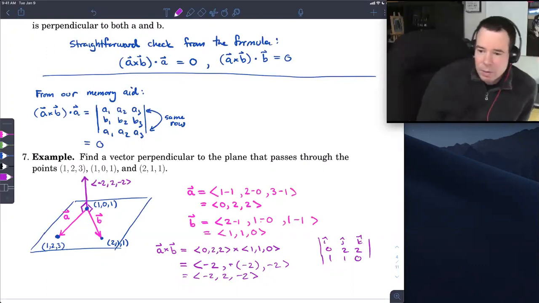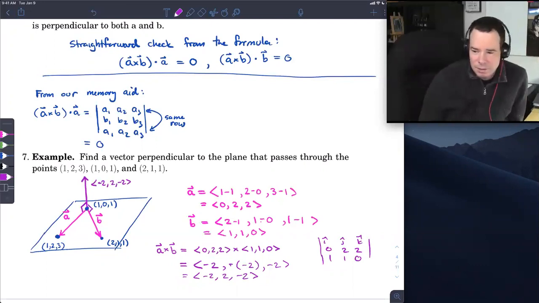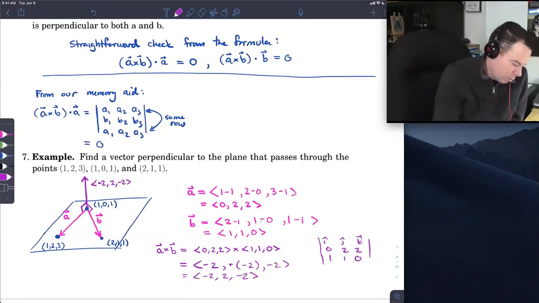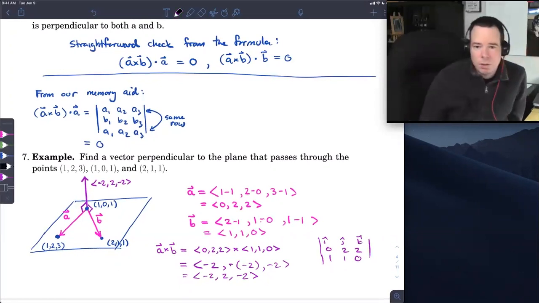Now, whenever I do a calculation like this, and I encourage you to do the same, there are many places that you can drop signs or introduce an extra sign or take the difference wrong, so it's always a good idea just to do a quick mental check. This thing's got to be perpendicular to the original two. Checking two vectors are perpendicular is just a simple matter of doing a dot product.